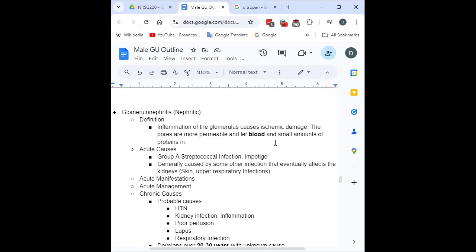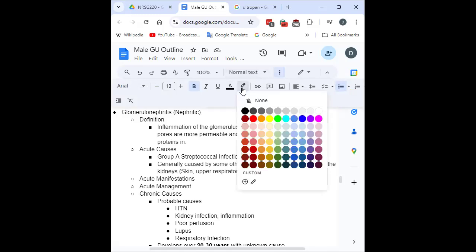So in this case, you're going to have issues with your kidney, so it's going to affect things you would expect to be managed by your kidneys, which includes your urine output, your electrolyte balancing, so your potassium and stuff, and your acid base. But the main defining trait of nephritic syndrome is that you're going to have blood seeping through.